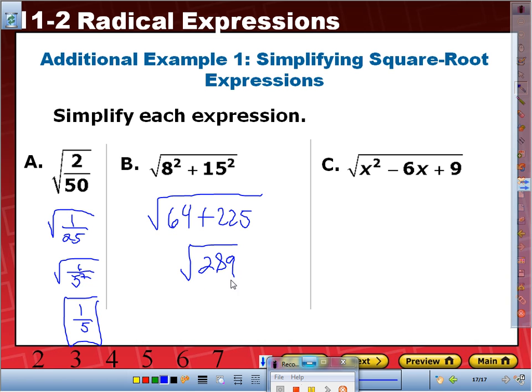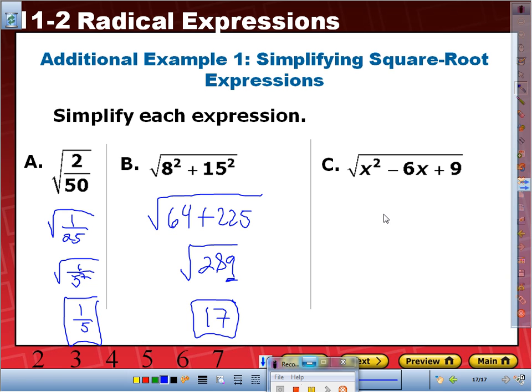One number times itself gives me a number ending in 9. It's 3 or 7. So therefore this is 17. 17 times 17. Yeah, 7 times 7 is 49. That's right. So that's how you start finding your perfect square.